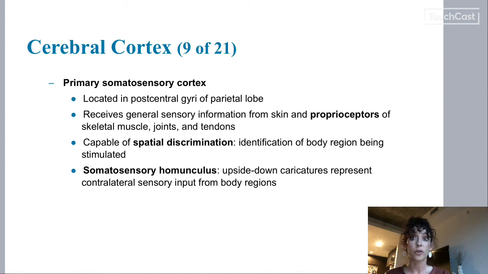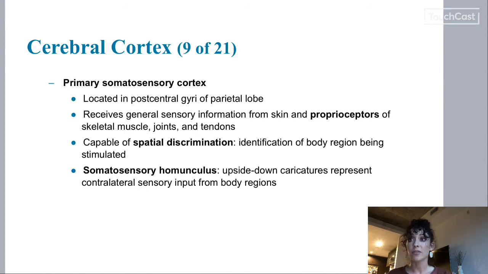So when you feel a joint being hyperextended or stretched beyond what it should be, those proprioceptors are going to send information back to your CNS. This also helps us to be capable of spatial discrimination, so identifying which area of your body that is in. So if a bug lands on your right arm, your brain can automatically identify that this is coming from this exact area on my arm, not from the opposite side.